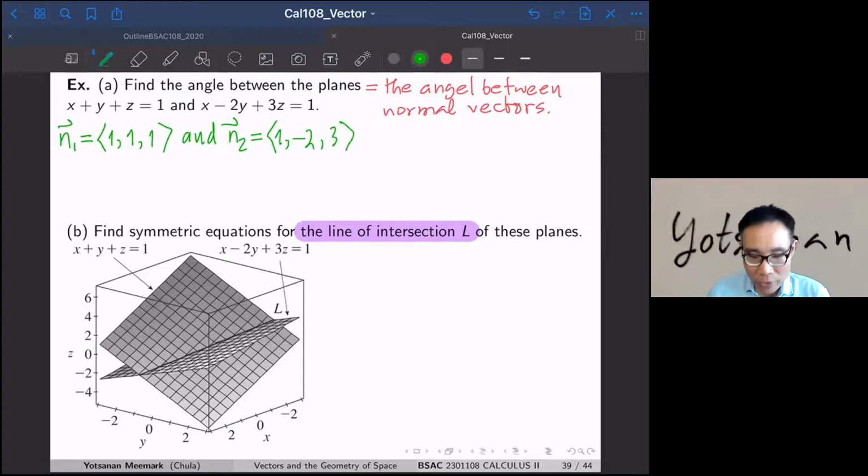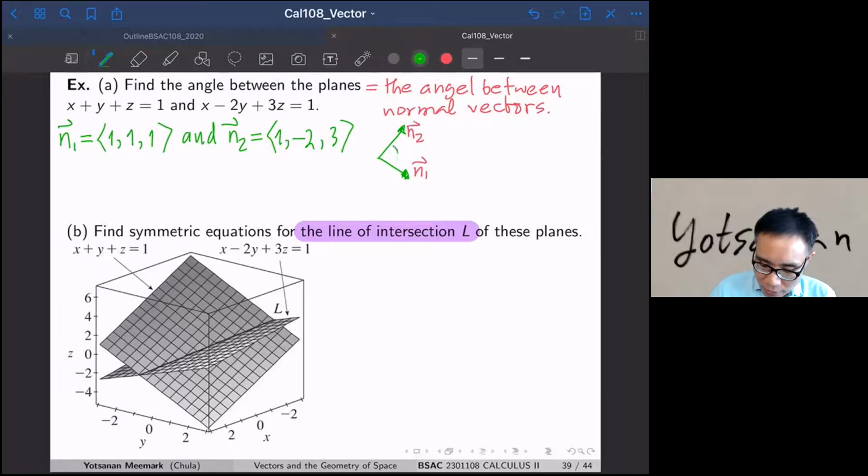So they are the normal vectors, and you'd like to find the angle between n1 and n2.